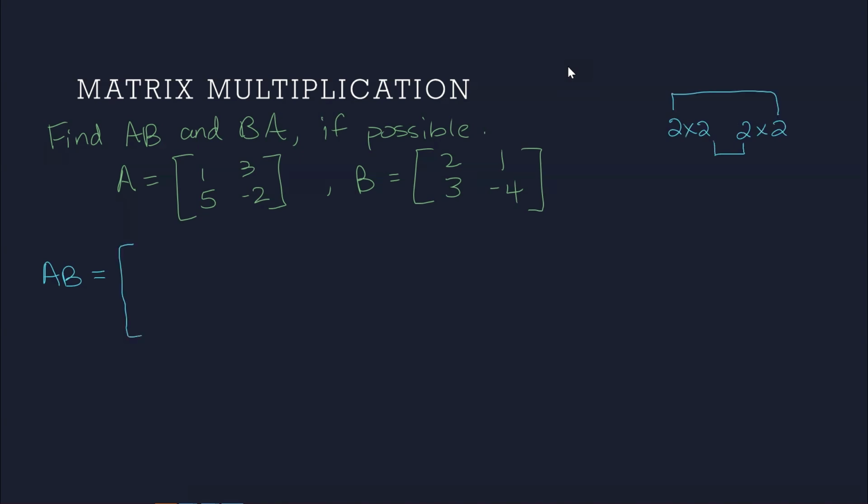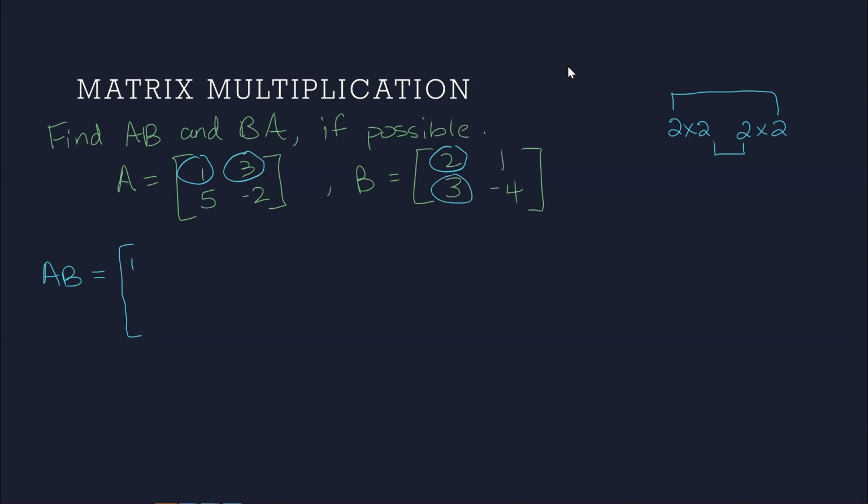To get element 1, 1 in the product of A and B, I need to find the dot product of the first row from A and the first column from B. Remember, to find the dot product, we take the 1 times the 2 and add that to the 3 times the 3.